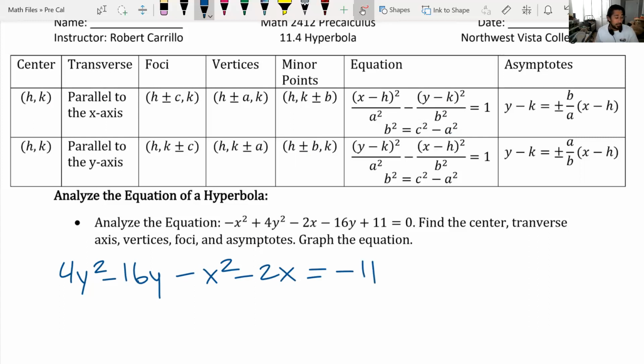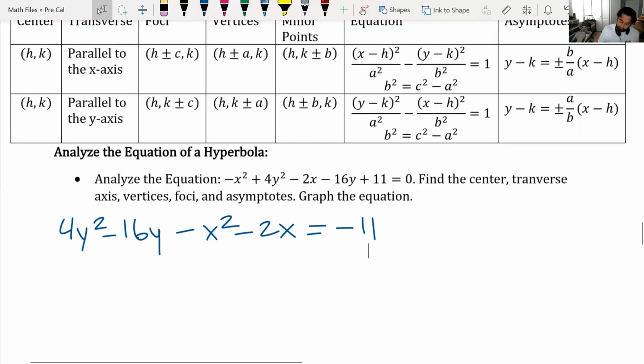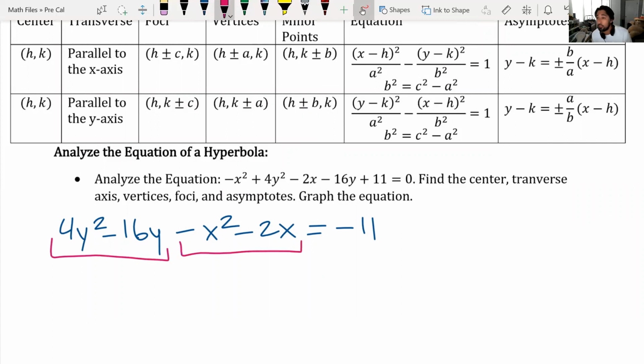Now we are going to do the completing the square process, which we can't do just yet because these have to be in the proper format. And remember, one of the main parts of the proper format is that the leading term must always be positive 1. So on 4y squared minus 16y, we are going to factor out the 4.